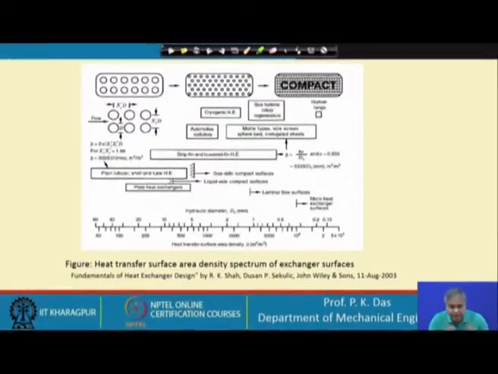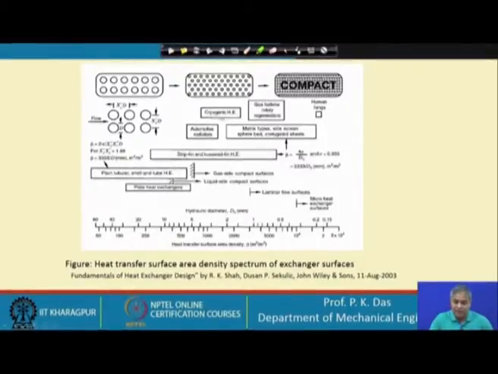Well, then let us see which compact heat exchangers are used in industry. It is very widely used, so the list would be quite long. Probably the earliest use of compact heat exchangers was where we had to use them due to the requirement of the process.